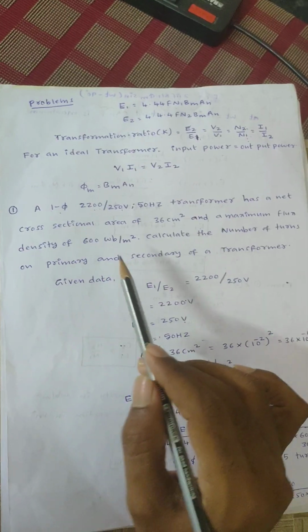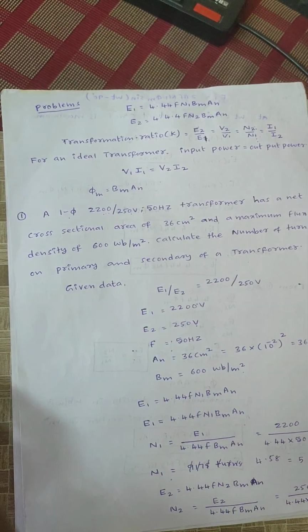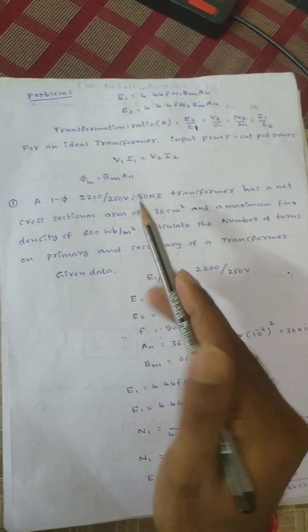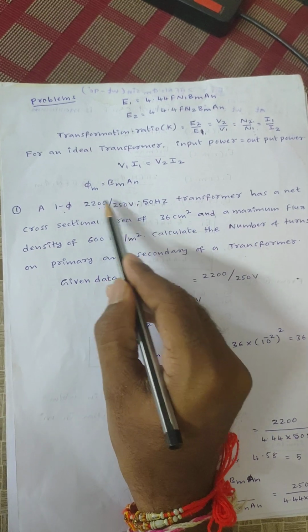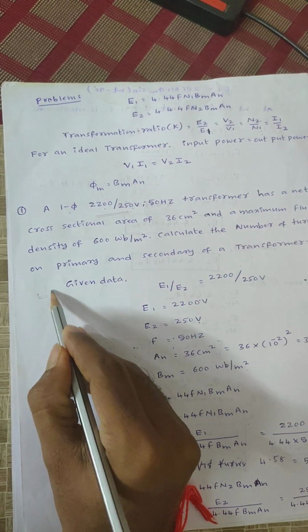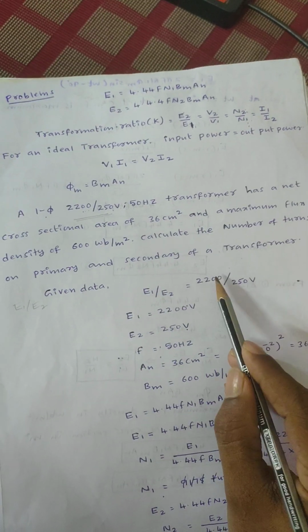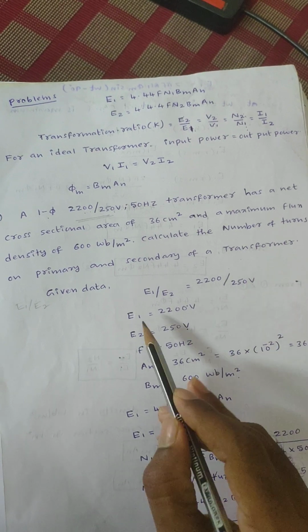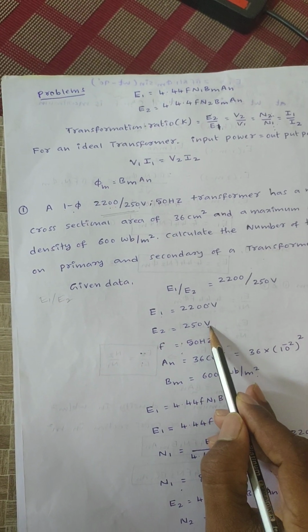Calculate the number of turns on the primary and secondary of the transformer. First we need to write the given data. 2200 by 250 volts is the nameplate detail of the transformer, that is E1 by E2. That means E1 is 2200 volts and E2 is 250 volts.